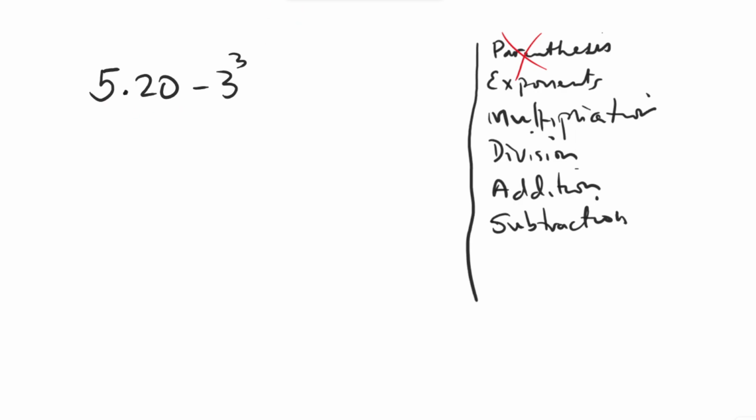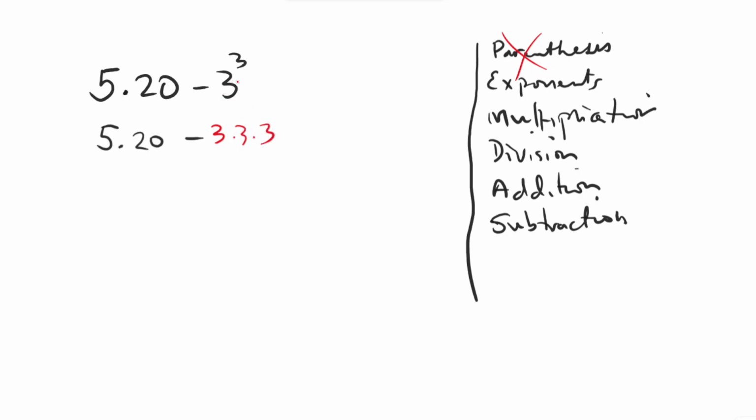And the second one has to do with exponents. Yes, we have this exponent here. We're going to take care of the exponent. So we're going to rewrite 5, because you see that the exponent comes before the multiplication. We cannot do the multiplication. We need to do the exponents first. So 5 times 20 minus, the exponent is 3 taken 3 times as factor. 3 times 3 times 3.